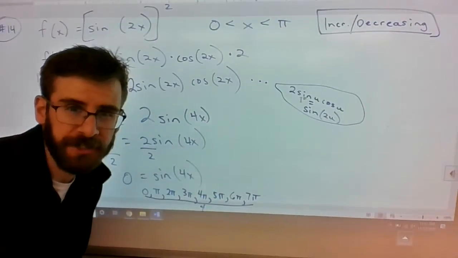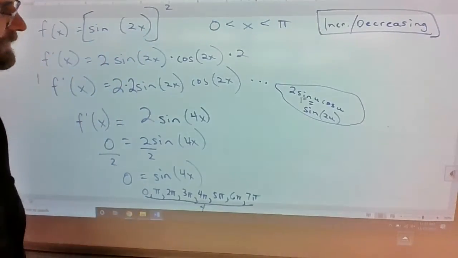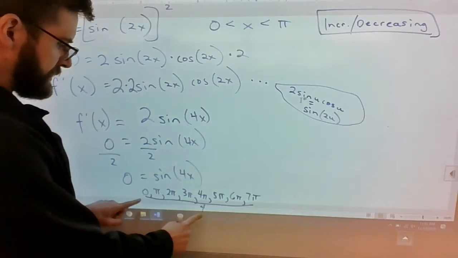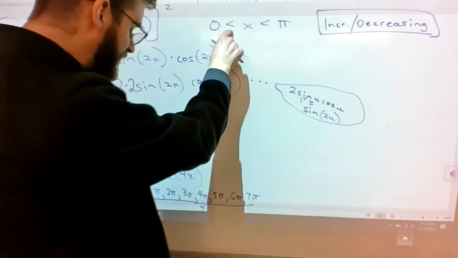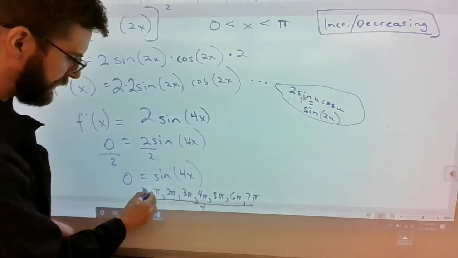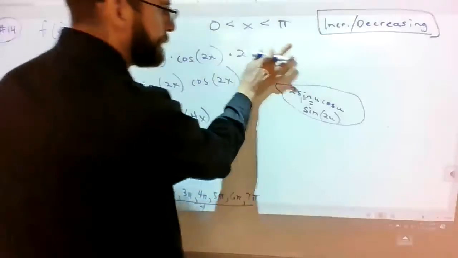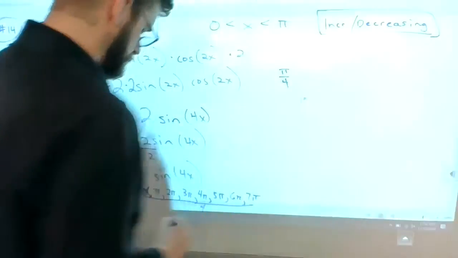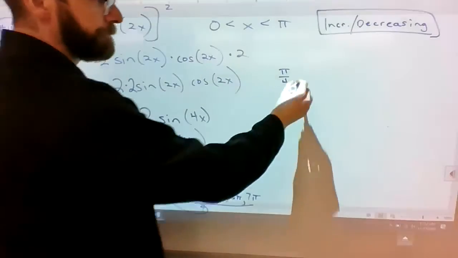So I just reviewed a bunch of trig right there. Hopefully you guys are okay with it. Bottom line is this. We're stuck between 0 and pi. So 0 doesn't work because it's less than 0. 0 is not included on that. So you can just get rid of the 0 right away. Pi over 4, you would include that. Two pi over 4, you'd include that.